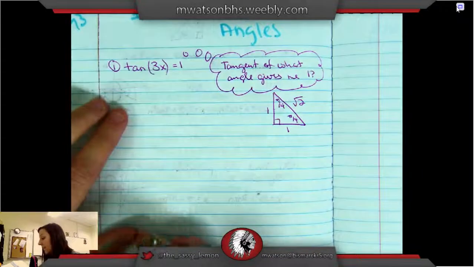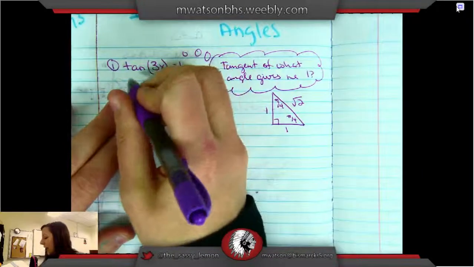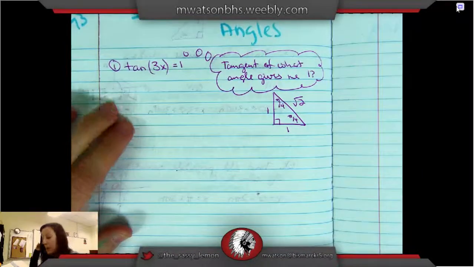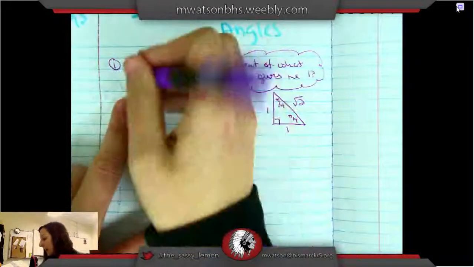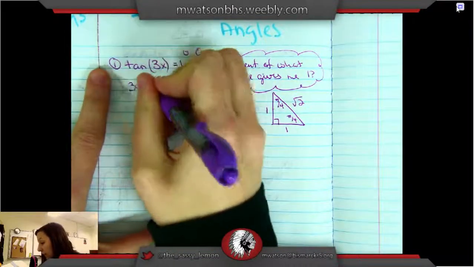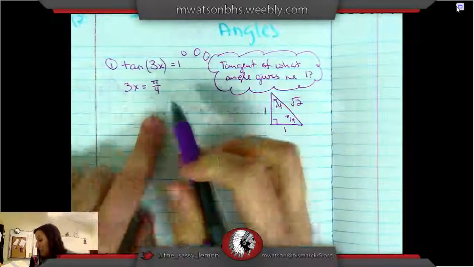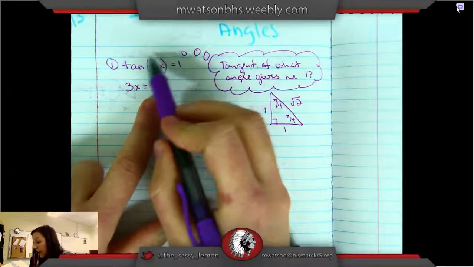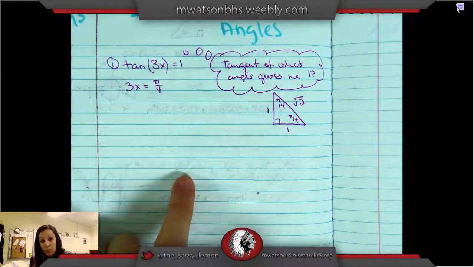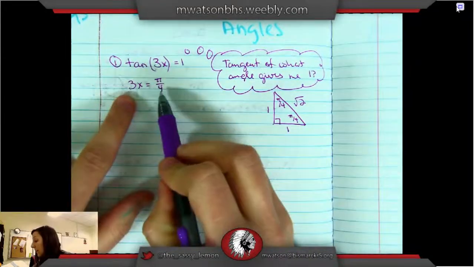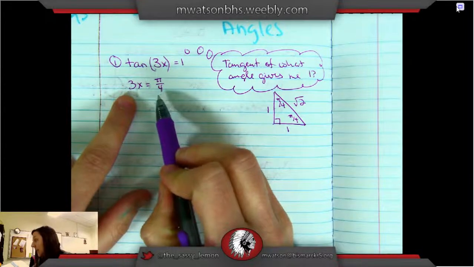So in the last lesson we would just say, oh okay, x equals pi over 4. But this time we're not just going to say x equals pi over 4. We're actually going to say 3x equals pi over 4, because this angle has to be pi over 4 for this equation to be true. So we set 3x equal to pi over 4, and then we solve it.